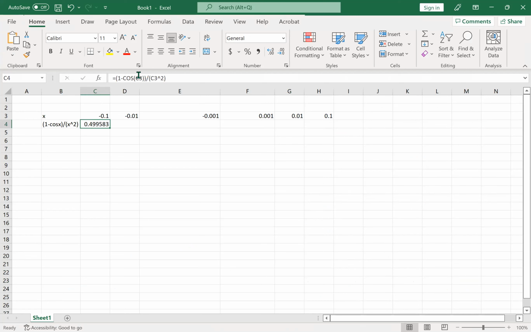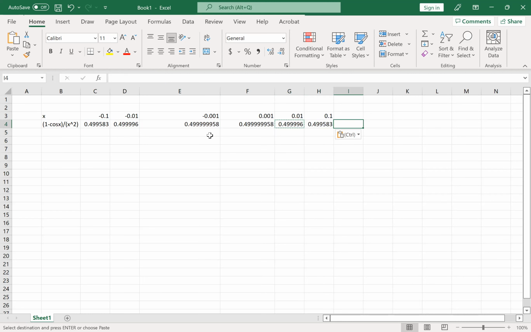So I give x, let's say x equals minus 0.1, then I need to calculate 1 minus cosine of x divided by x squared there. Of course, I can copy the function there, copy here, and then copy once again here, and copy this as well.